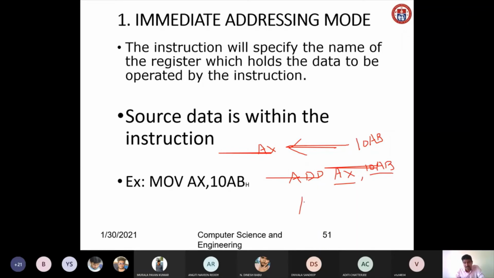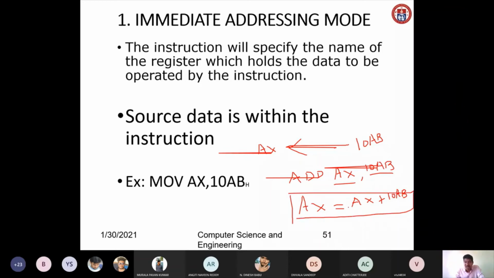So it is equivalent to AX equal to AX plus 10AB.